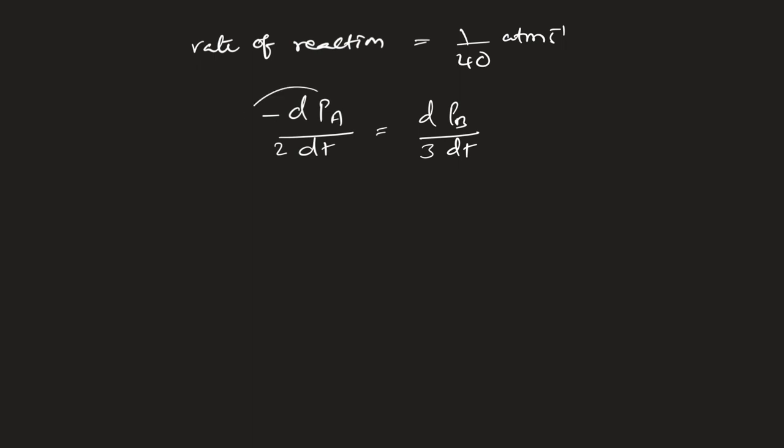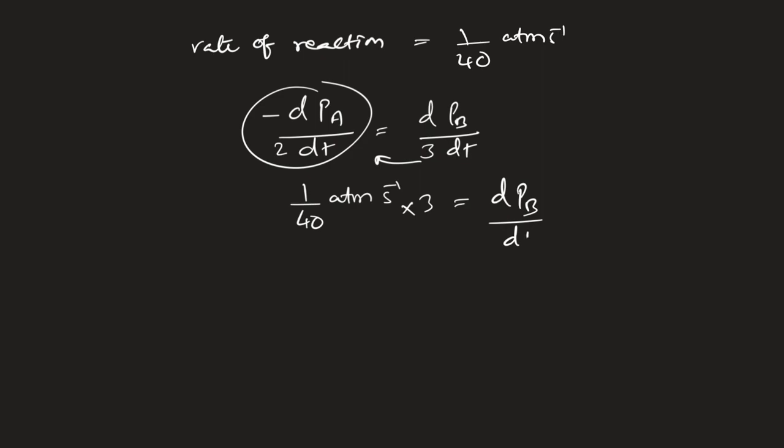So this value is 1 by 40 atm second inverse, and then multiplying by 3 and by dt, we get dPB by dt.